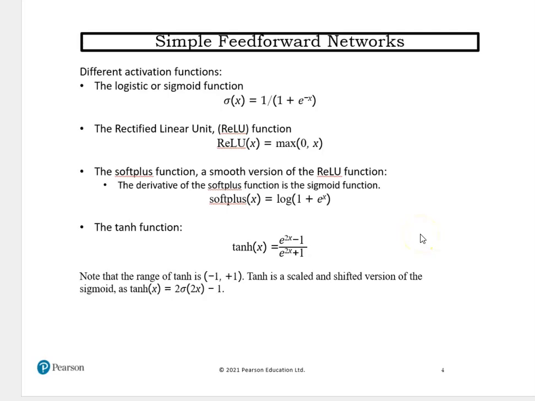So before the break, we said that each unit will have an activation function, and that activation function is nonlinear. Now, why does the activation function have to be nonlinear?